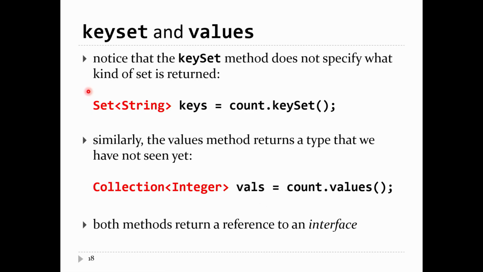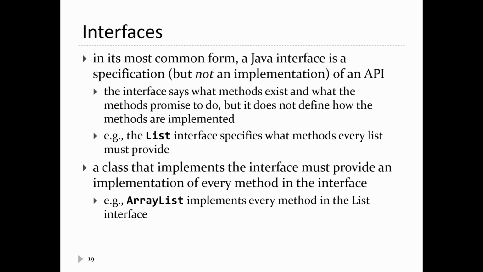Remember, in Java, all reference types begin with a capital letter. So keys is a reference to a set, and values is a reference to a collection. And in fact, set and collection are things called interfaces, just like a list is also an interface.